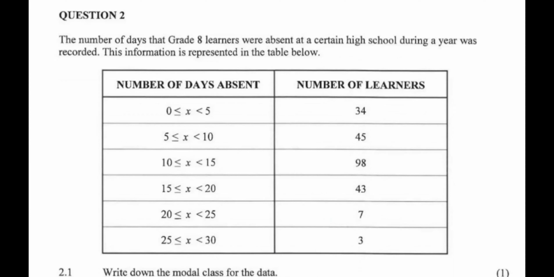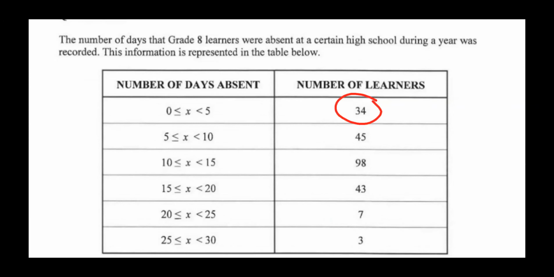So 34 learners were absent between 0 to 5 days. Is this for the whole year? Yes, it's during the whole school year. And then about 45 learners, so this is more learners, were absent between 5 to 10 days.